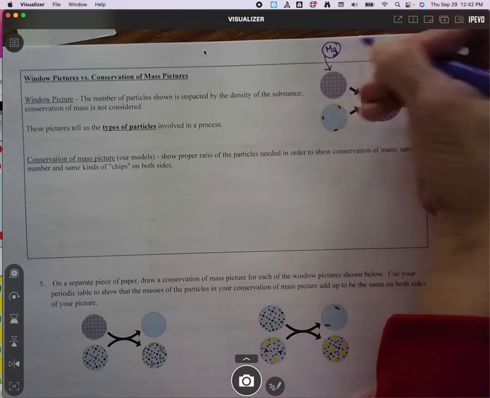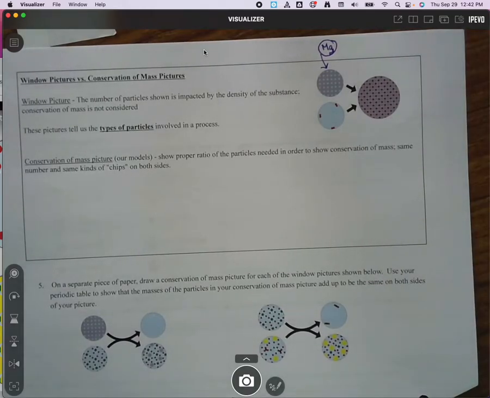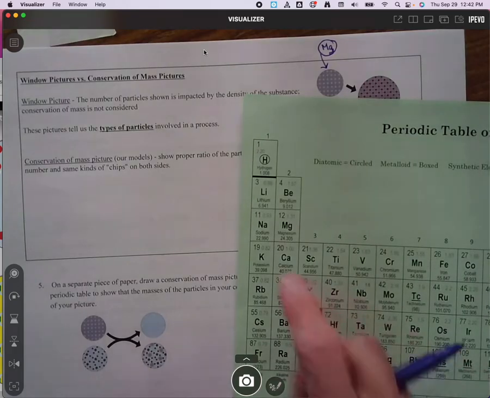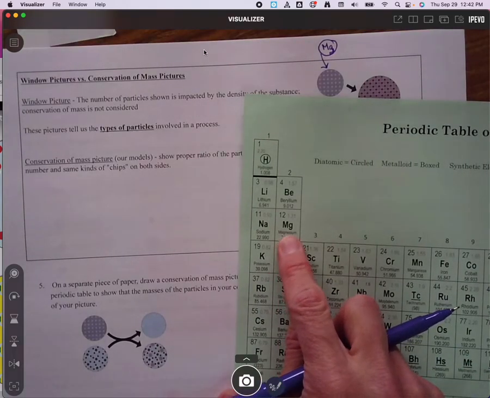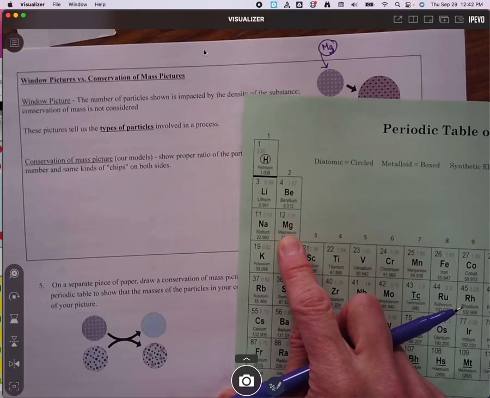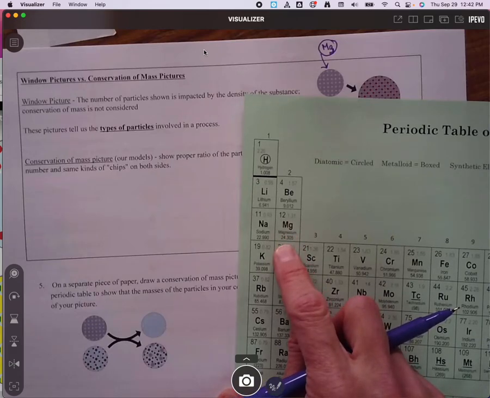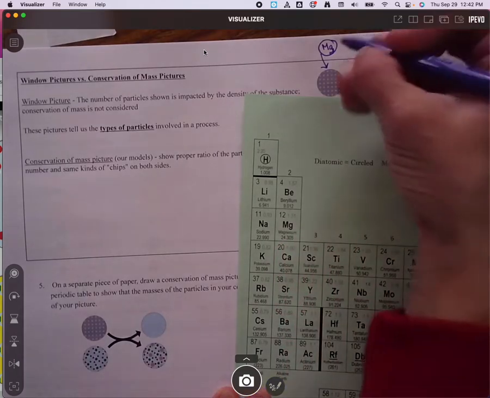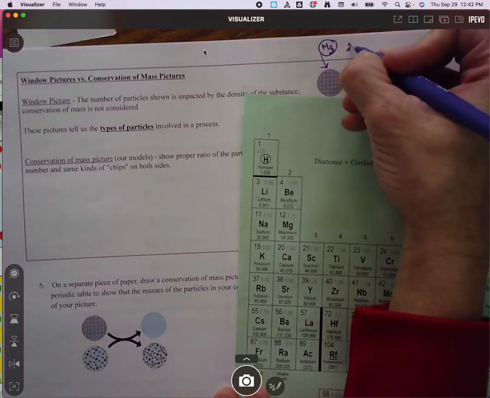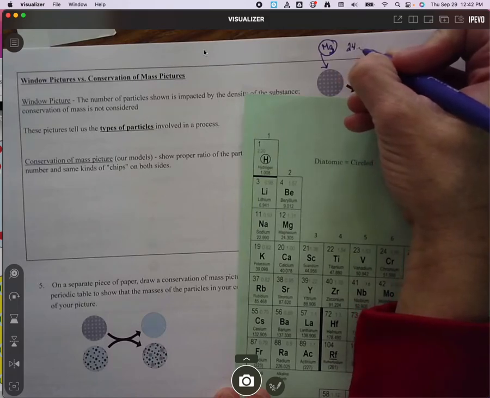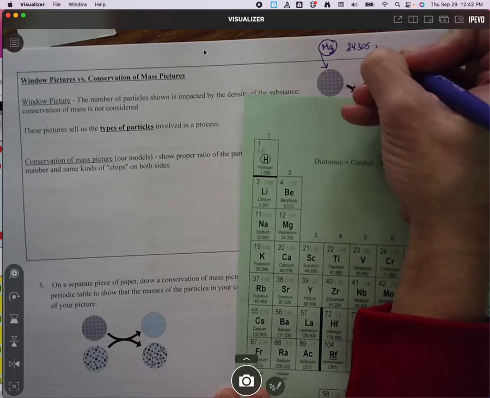So these are Mgs. Magnesium is element number 12 on the periodic table. So here's magnesium. We'll use its chemical symbol in order to label the chip. And this number down below tells you how much a magnesium chip weighs. A magnesium chip weighs 24.305 AMU.